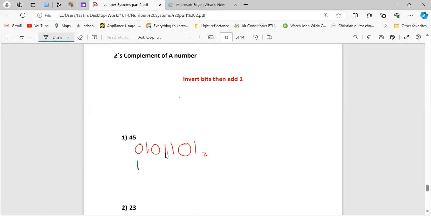So I get 1, 0, 1, 0, 0, 1, 0, and then you add 1. So 0 plus 1 is 1. And this will be 1, 0, 1, 0, 0, 1, 1. Yeah? Now that is the 2's complement. And this is negative 45 in 2's complement form.